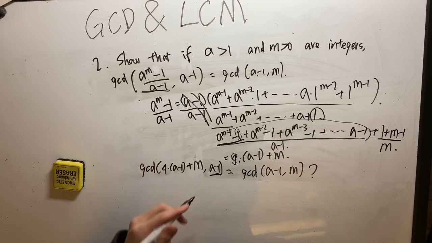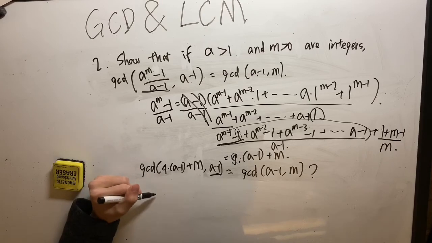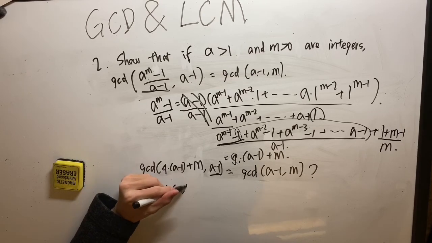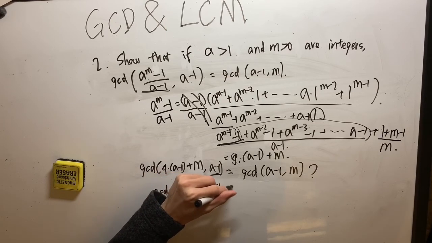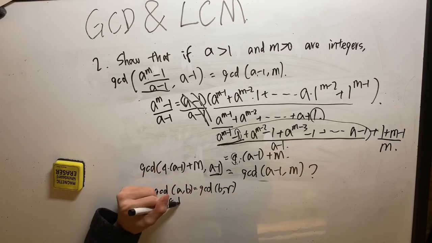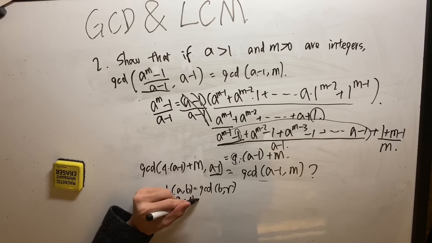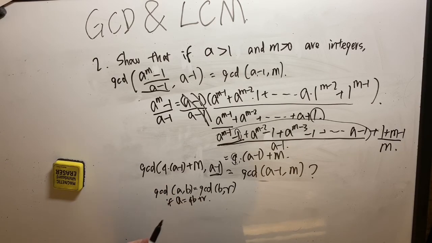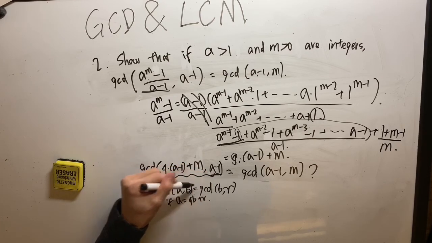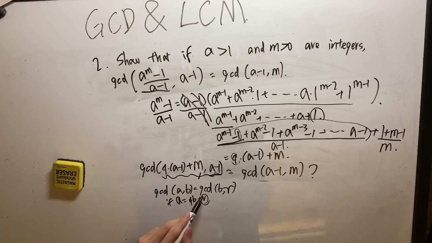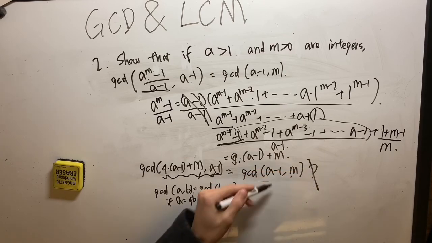But we learned from the properties of GCD that GCD of a and b equals GCD of b and r if a equals qb plus r. So this is the case, where b is a minus 1 and q times b plus r is m, so that equals GCD of b and m, which is a minus 1 and m. So this question is solved.